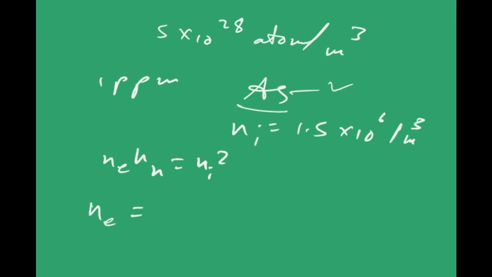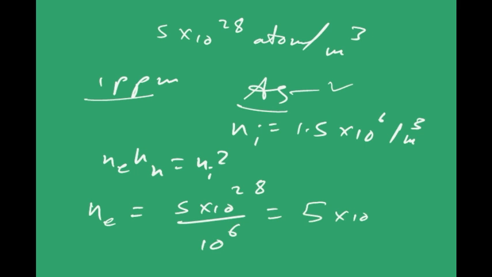So the concentration of dopants will be equal to 10^28 × 5, the concentration of total atoms, but 1 part per million, so divided by a million. This will be the concentration of free electrons, that is 5 × 10^22.